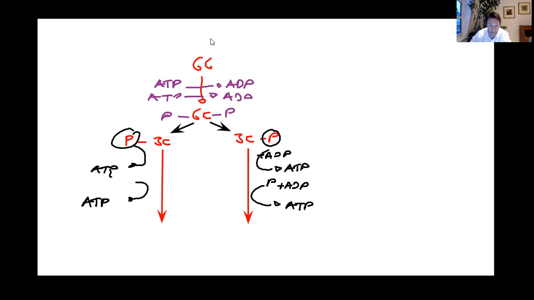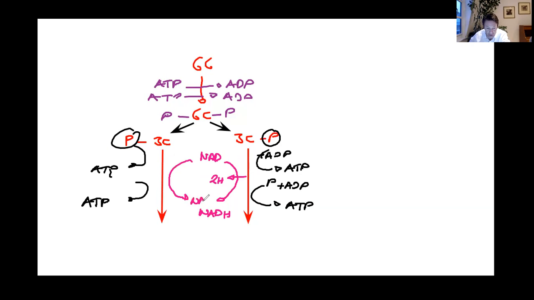Now, at the same time as this is happening, most importantly, there is also an NAD which gets reduced because it accepts 2 electrons and a hydrogen from the breakdown of the triose phosphate, and it gets reduced to form an NADH.